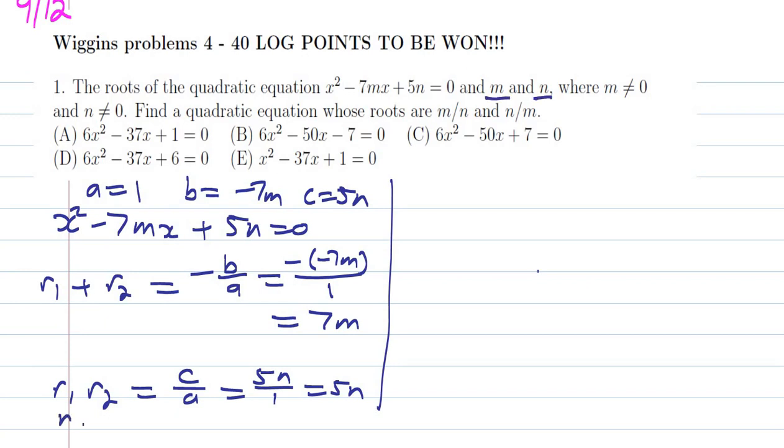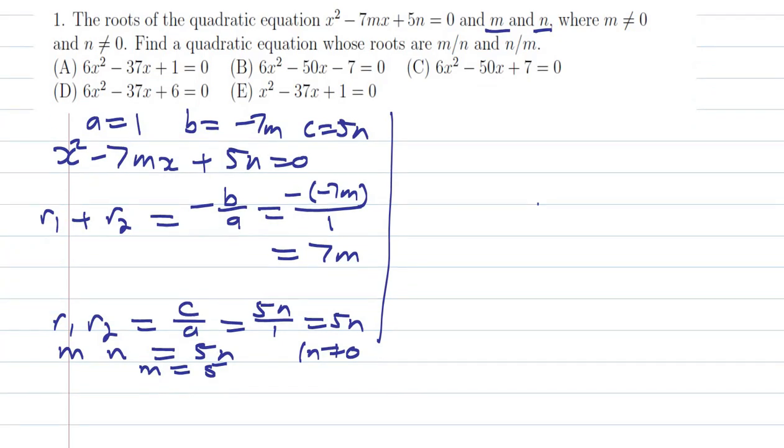So we know that m times n is equal to 5n. And because n is not 0, we know that the value of m is 5. Likewise, we also know that m and n are the roots, so m plus n is equal to 7m.